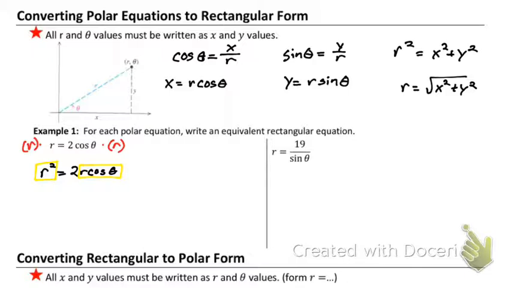R squared equals x squared plus y squared. So we're going to replace that given information. So instead of r squared, I want to have x squared plus y squared. That's going to equal 2 times, we're going to replace that r cosine theta with just x.